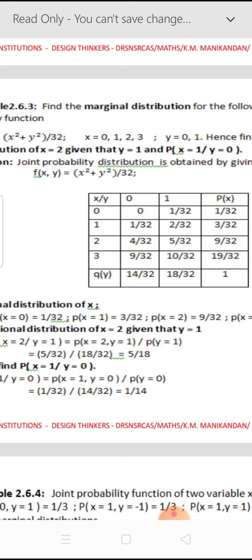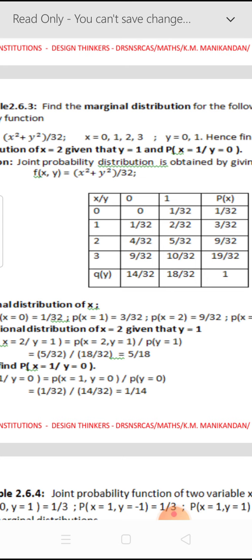So this is obtained by substituting, for example, for x equal to 0 and y equal to 0, the value of f of x comma y is 0. For x equal to 0 and y equal to 1, the value of f of x comma y is 0 square plus 1 square divided by 32 equal to 1 by 32.